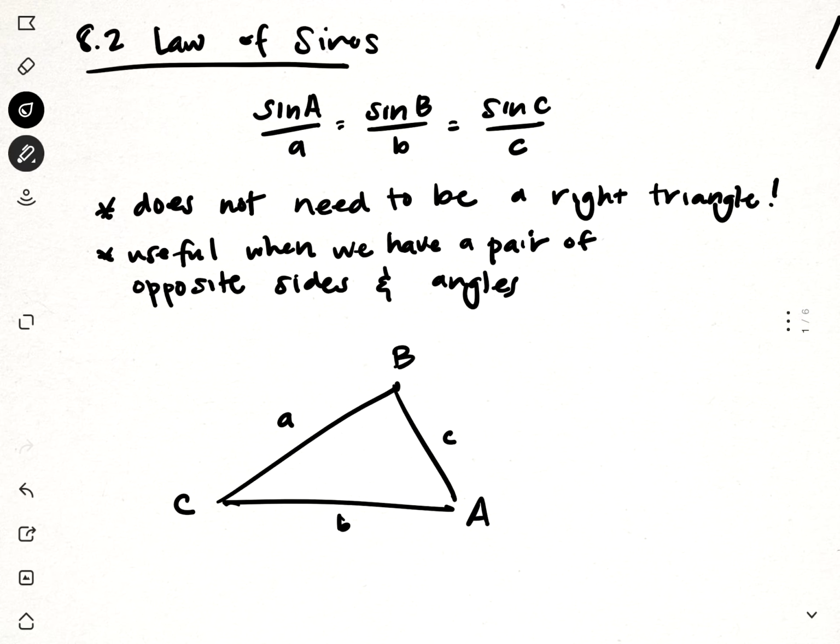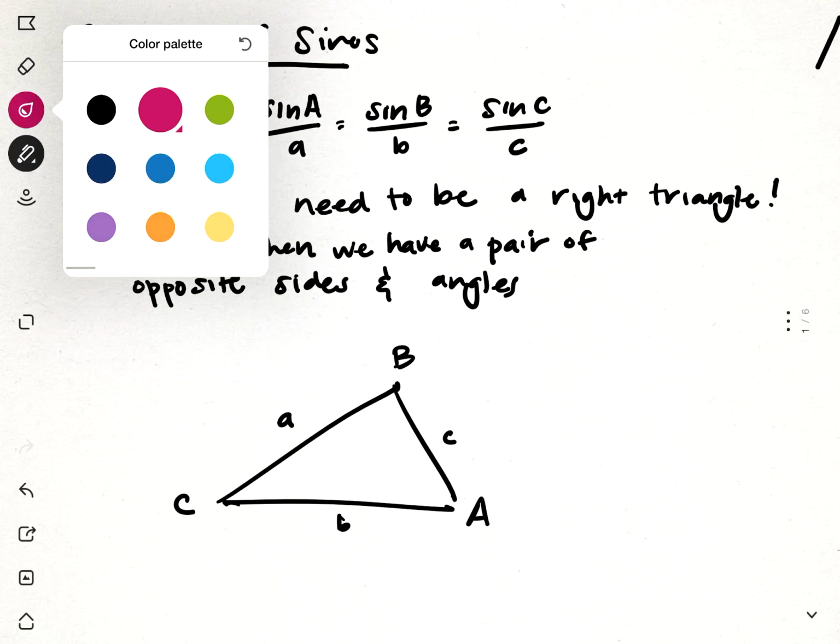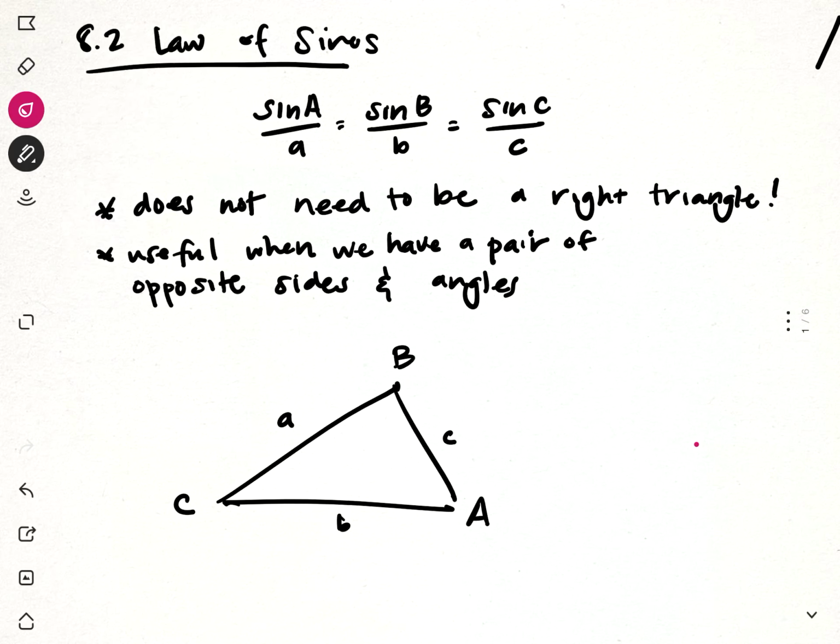One thing to note, if we look at this triangle here, is that each of the angles, so if we look at angle capital C, is always going to be across from the corresponding side, which is little c.